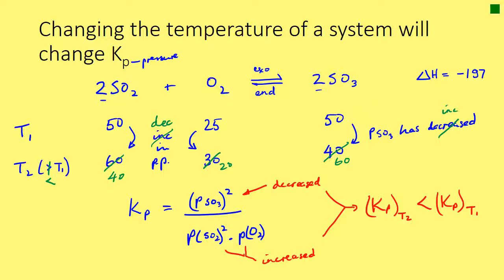And so with the same Kp formula, instead of decreasing our numerator, we have increased our numerator, and instead of increasing our denominator, we have decreased our denominator, in which case our Kp at the new lower temperature is going to be greater than our Kp at the previous higher temperature. So in summary, in words, if you decrease the temperature where the forward reaction is exothermic, you're going to get an increase in Kp.